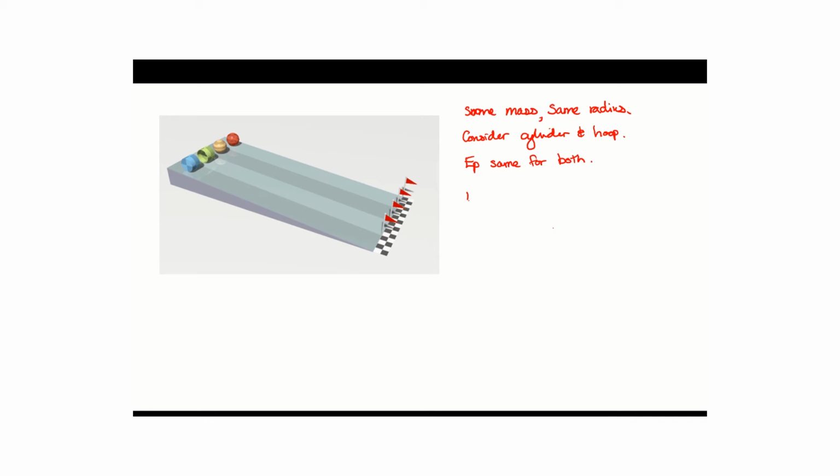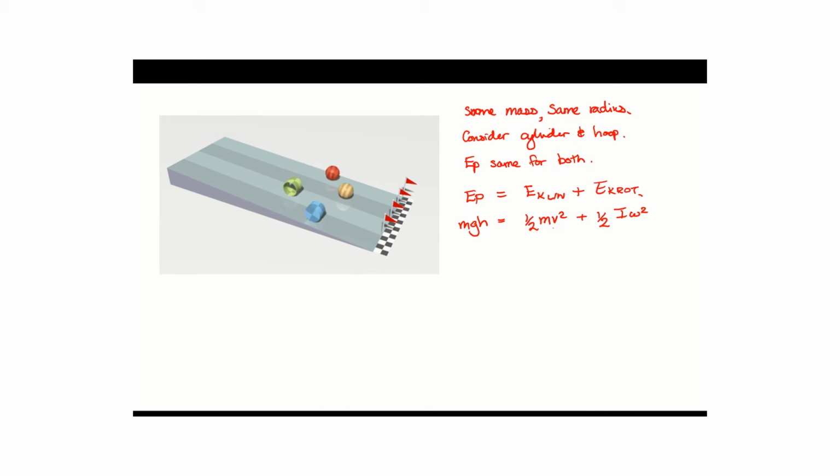So we know that EP is going to equal EK linear plus EK rotational. So we've got the MGH is going to equal EK linear, which is a half mv squared, plus EK rotational, which is a half I omega squared.